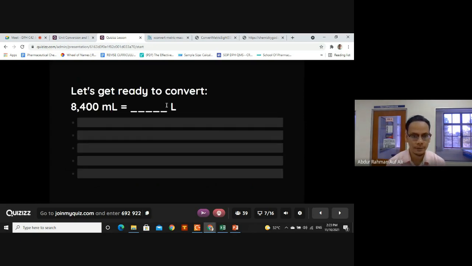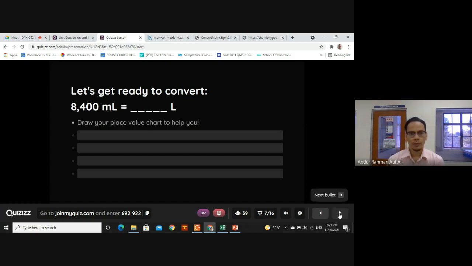Next, let's try to convert volume. Same as before, it would help if you can imagine a chart and remember this analogy. If you want to convert to something smaller, you multiply. If you want to get to something bigger, you divide.